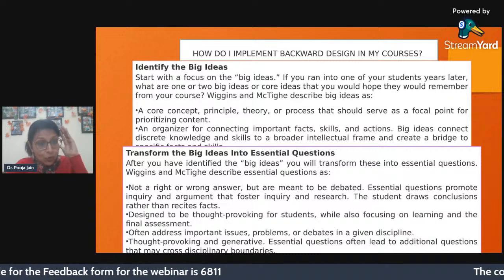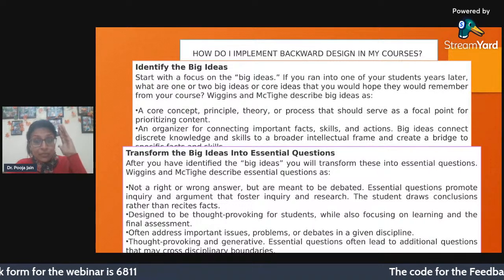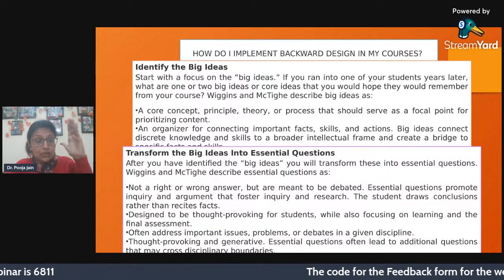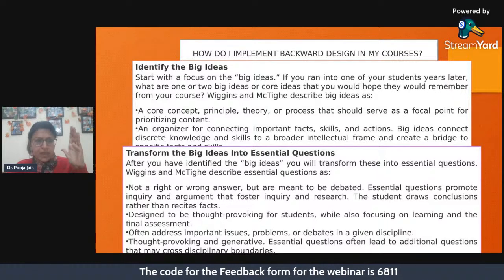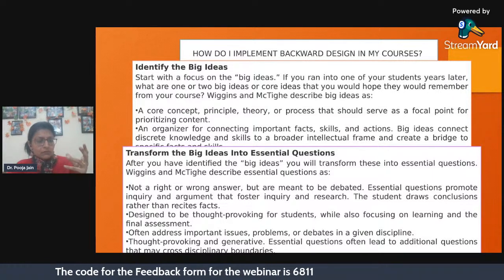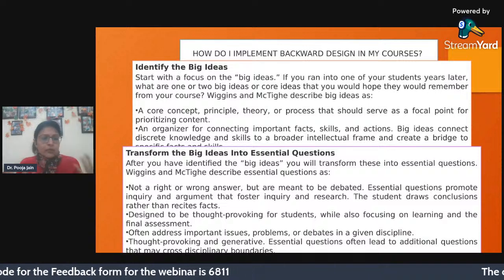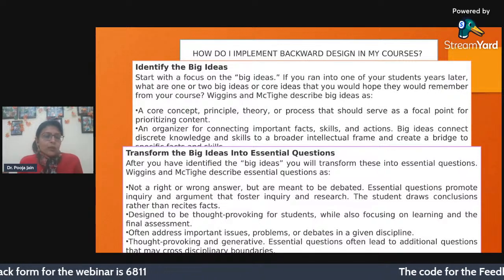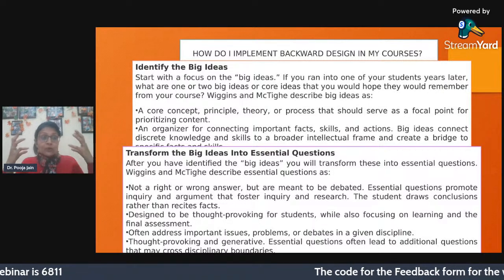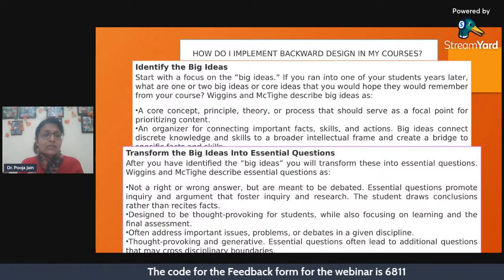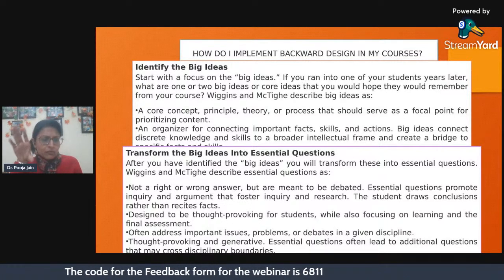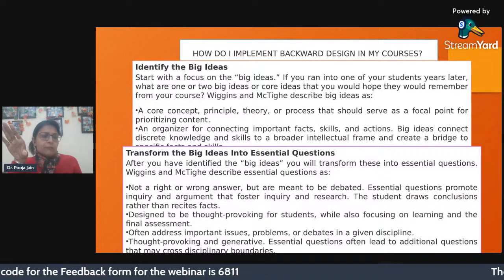So that core concept, that principle, that theory, should serve as prioritizing content. Very, very important. Important facts: 1947, Indian independence. I was not there. My parents weren't there. How do I know about it? But yes, because I've read so much and my teachers have taught me so much through history lessons, I know 15th August, Indian Independence Day.